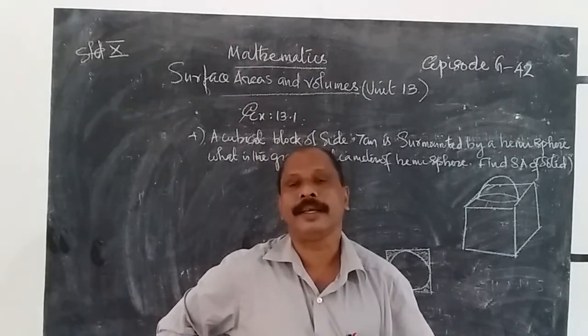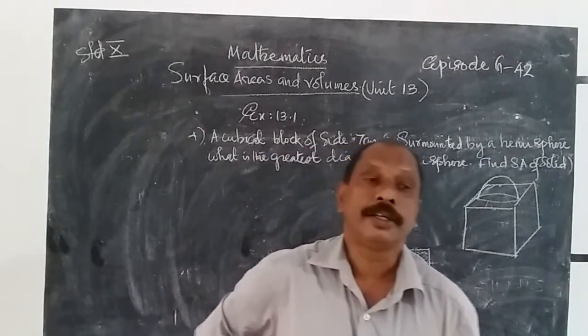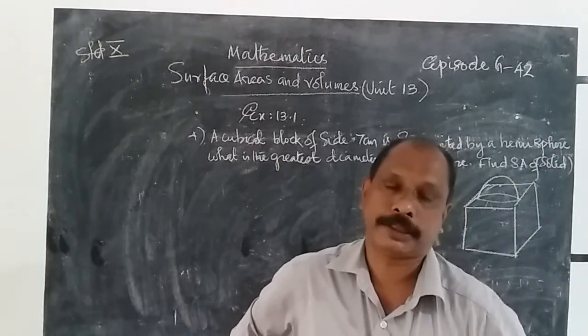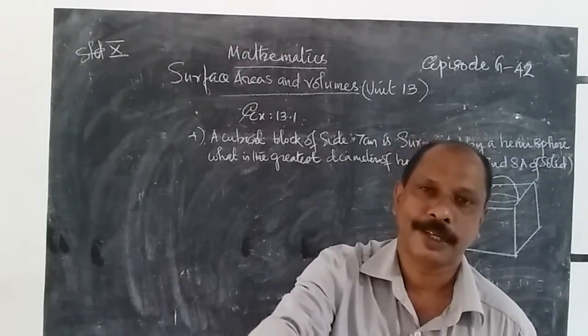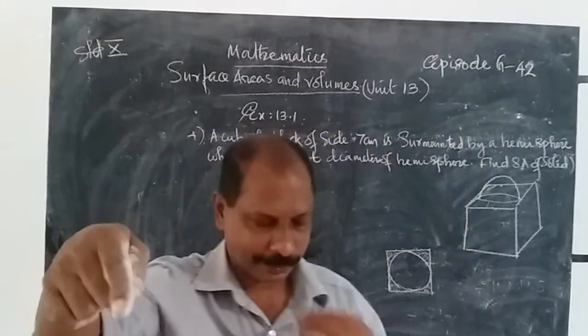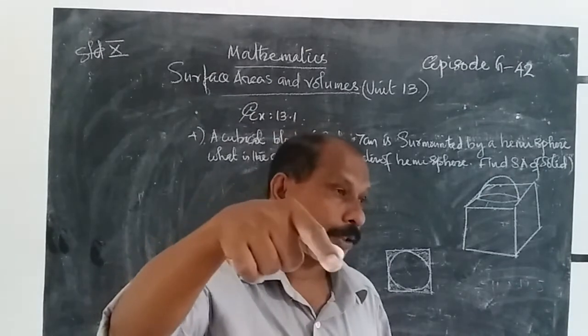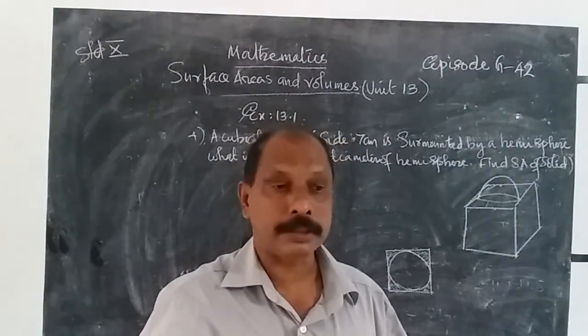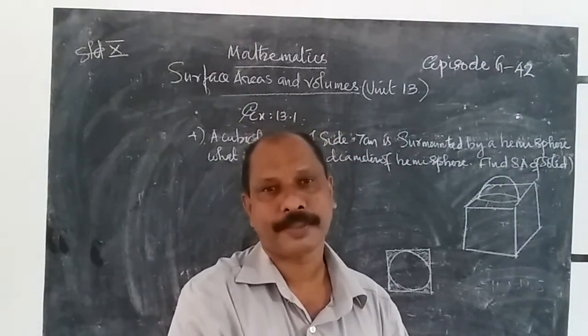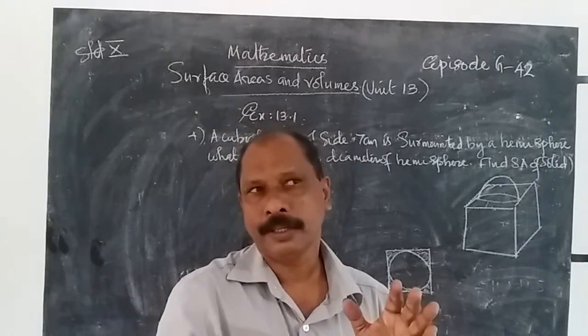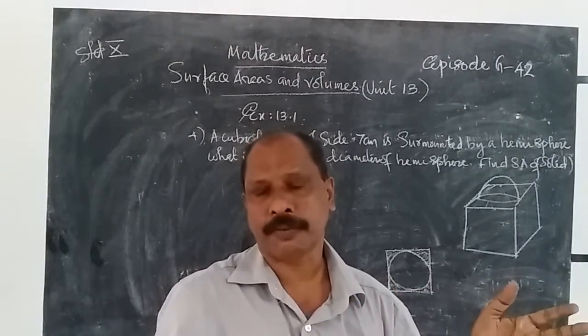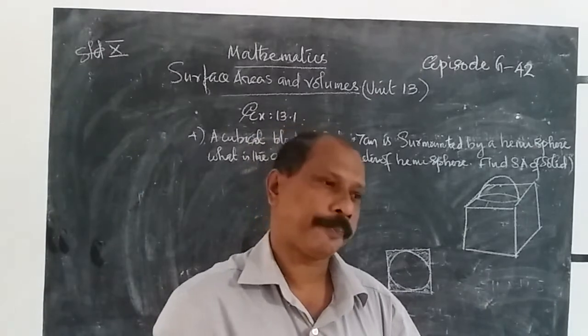That is the area of the remaining solid, plus 2 pi r square, that is the curved surface area of the hemisphere. That is the area of the solid. Clear? That means there are 5 surfaces, therefore the surface area is 5 a square.